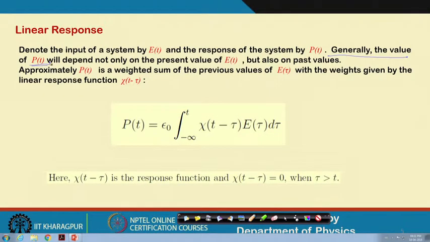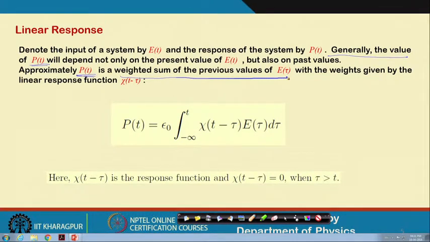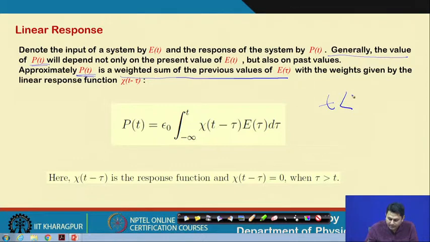If I look back to our slides, P(t), which is the effect of the system, where P(t) means the polarization, is the weighted sum of the previous values of E(tau). So, all the previous values, where tau is less than t, t is the present time and tau is a time before t.